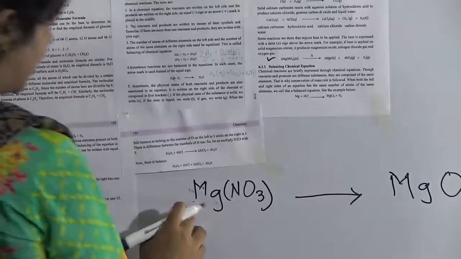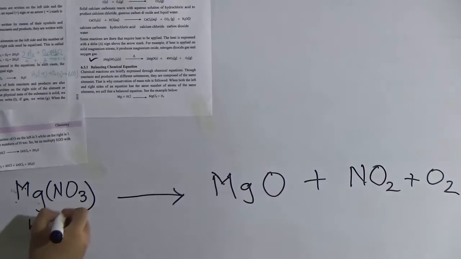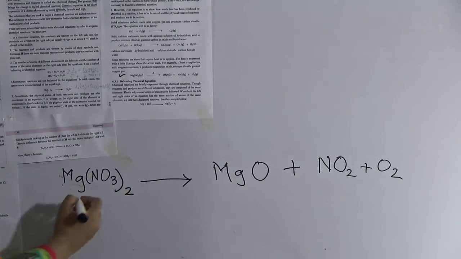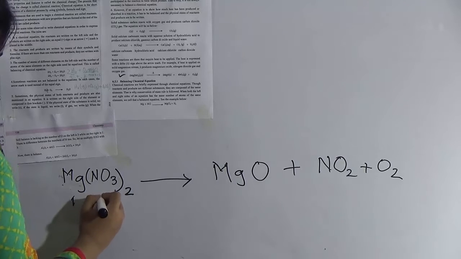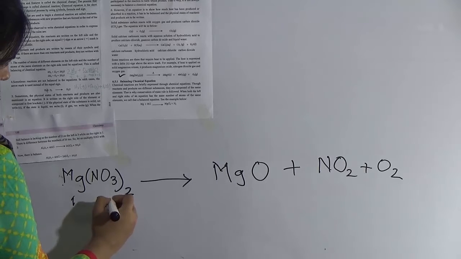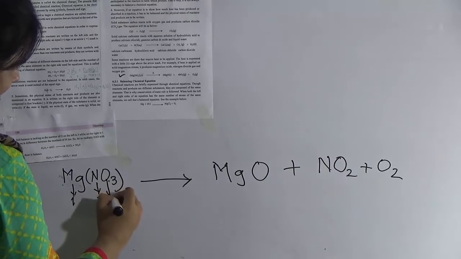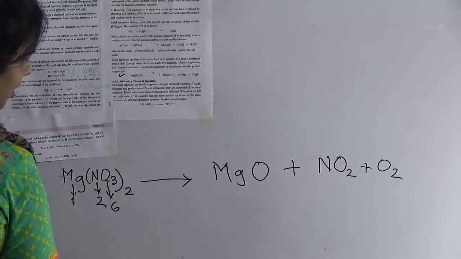Now come here, 1 magnesium. I didn't give 2 here, sorry for that. 1 magnesium, 2 nitrogen and 6 oxygen, 2 into 3, 6 oxygen.